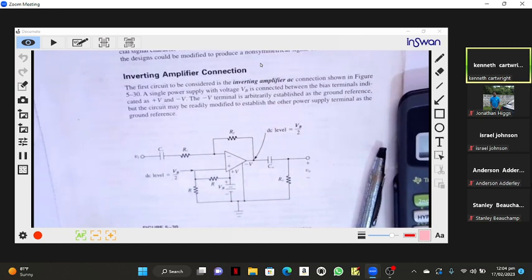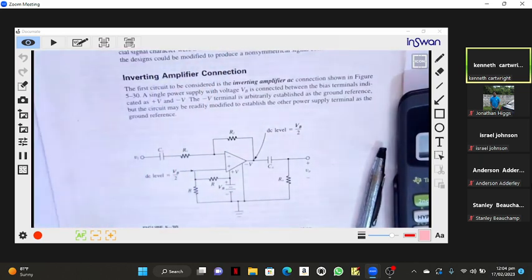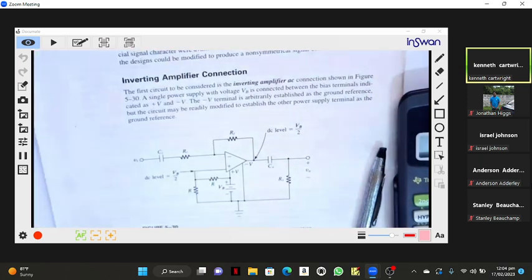Wow. Y'all gonna graduate not knowing anything. It's called a coupling capacitor.